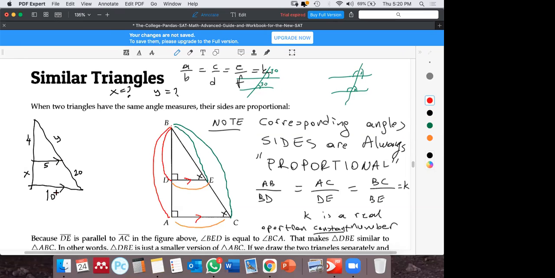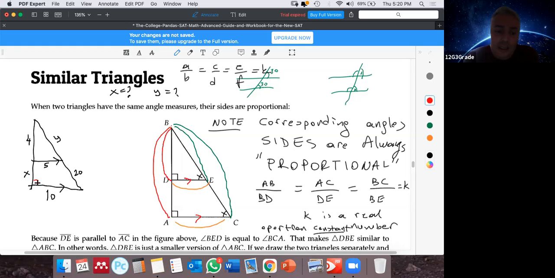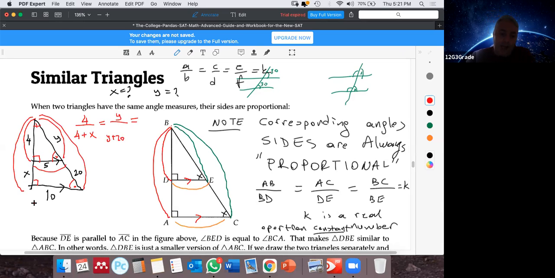Since these are parallel to each other, this angle must be equal to this one, this angle must be equal to this one, and this is the common angle. But forget about the angles. This is the theory. The rule is this: 4 over all, which is 4 over 4 plus x, equals y over all, which is y over y plus 20, equals 5 over 10.